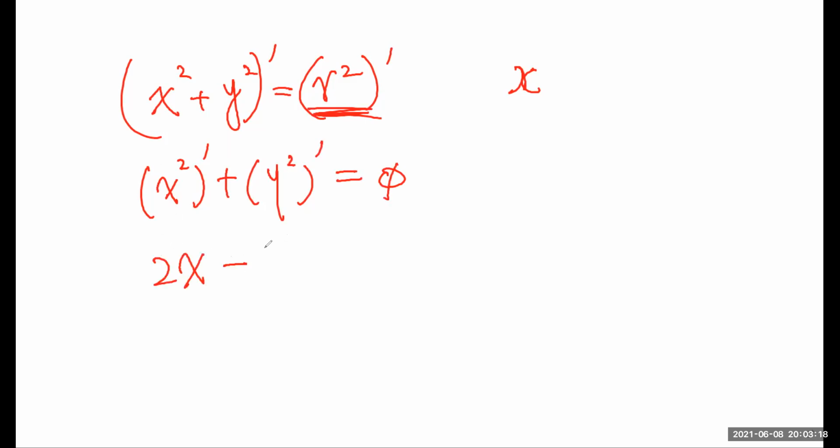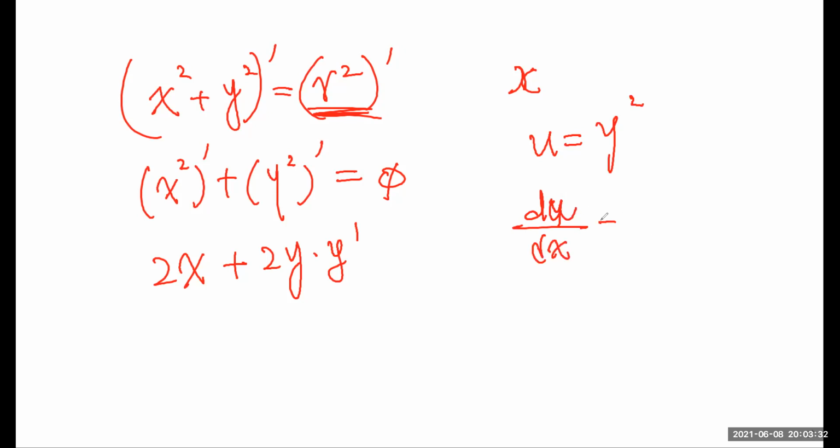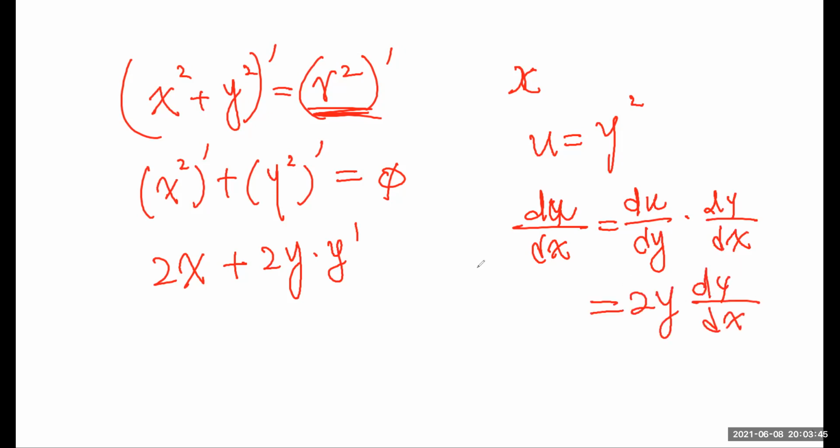On this side we got 2y, but remember there is also dy/dx, so it's y prime. Think of this as du/dx, which is du/dy times dy/dx. Now d/dy of y squared is 2y.